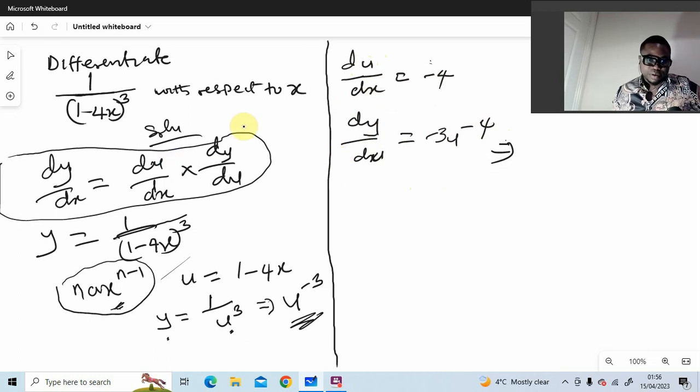And remember we have this chain rule, which is what I will apply here to have dy over dx.